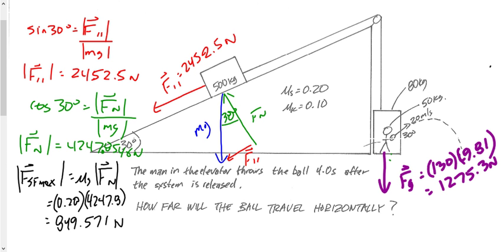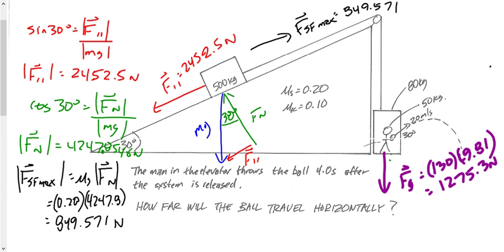So here's the deal. It does move. We have force of gravity acting down at 1275. We have the maximum force of static friction acting this way of 849. When we combine 1275 and 849, it gives us around 2100 or so. We have a maximum force of 2100 pushing to the right due to friction and gravity, but we have 2400 newtons pulling down the hill, so that overcomes maximum static friction.